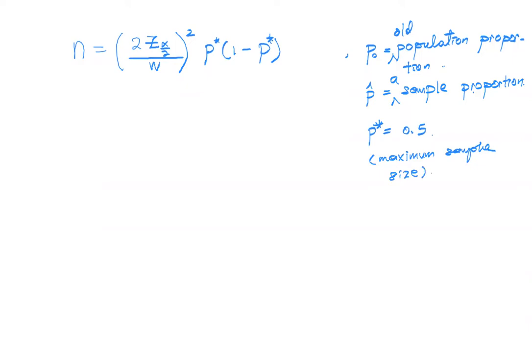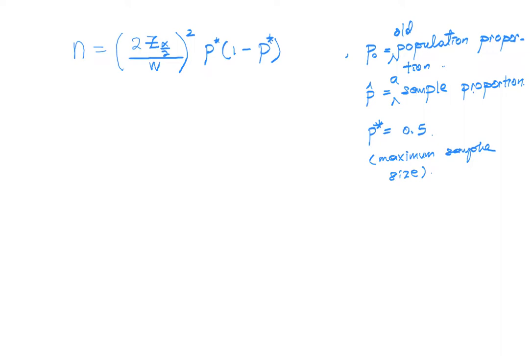So every time you are given a question, you have to check: is the all population proportion given? If it's given and I don't have a sample proportion, then I will use the all population proportion to help me find the suitable sample size. If both are not given, then I will use 0.5.